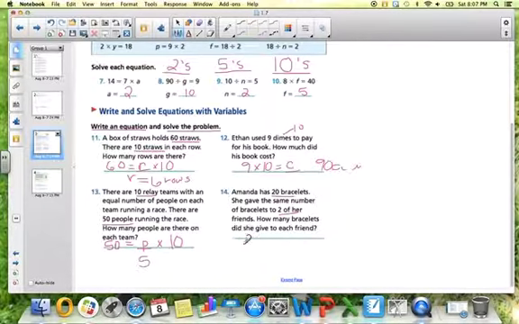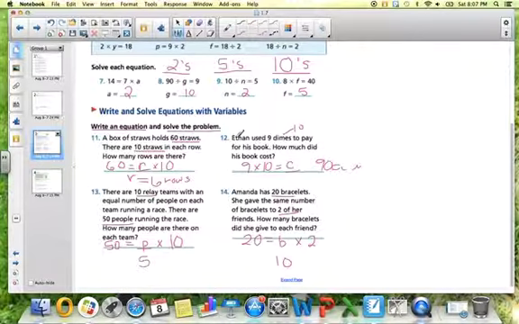There's 20 bracelets, and we have B times 2 because there's 2 friends. How many bracelets did each friend get to equal the total of 20 bracelets? The answer is 10 bracelets. That's a lot of bracelets per person.